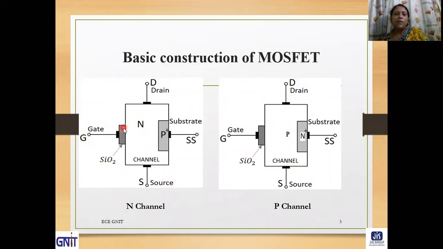In JFET, this SiO2 layer was not there, but in N channel and P channel MOSFET, one SiO2 layer is there between the gate terminal and the channel. That's why the name metal oxide semiconductor field effect transistor. The basic phenomenon of field effect is the same as in the junction field effect transistor.